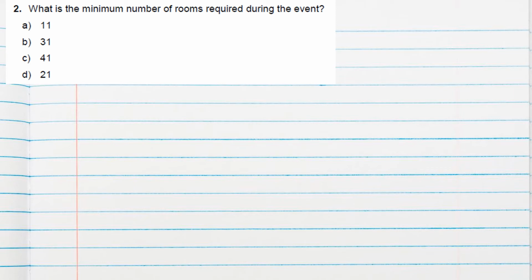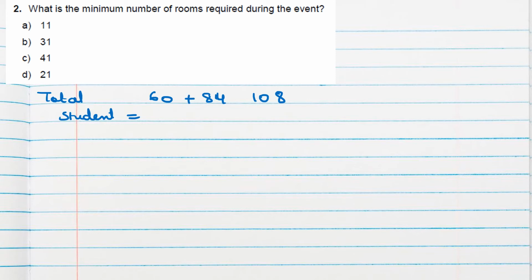The question is, what is the minimum number of rooms required during the event? Now we saw that 60, 84 and 108 are the numbers of participants with different subjects, Hindi, English and Maths. So we can find the total by adding them.